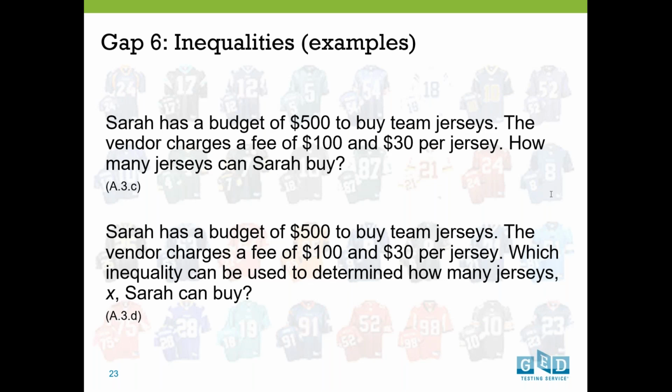But basically, it's a question of how many jerseys Sarah can afford. The answer will come out to be something like 6.8 or 7.2, and you can't have 0.8 or 0.2 of a jersey, so it comes out to be just 6 or 7 or 10 or whatever it is, depending on the item.